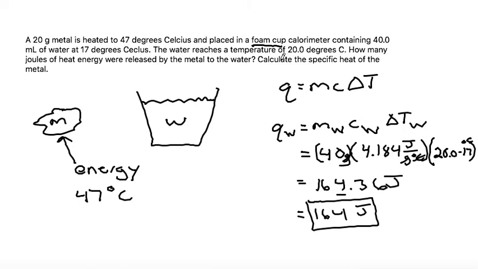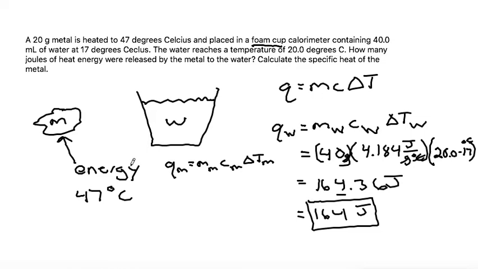The second question says to calculate the specific heat of the metal. So let's write a new equation based on the metal. We know that the Q of the metal is equal to the mass of the metal times the specific heat capacity of the metal times the change in temperature of the metal.